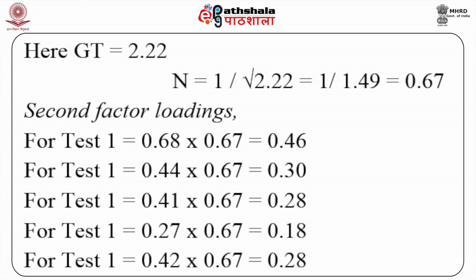The second factor loadings for the tests are 0.68 into 0.67, which is equal to 0.46, 0.44 multiplied by 0.67 equal to 0.30, 0.41 multiplied by 0.67 is equal to 0.28, 0.27 multiplied by 0.67 is equal to 0.18, and 0.42 multiplied by 0.67 is equal to 0.28.